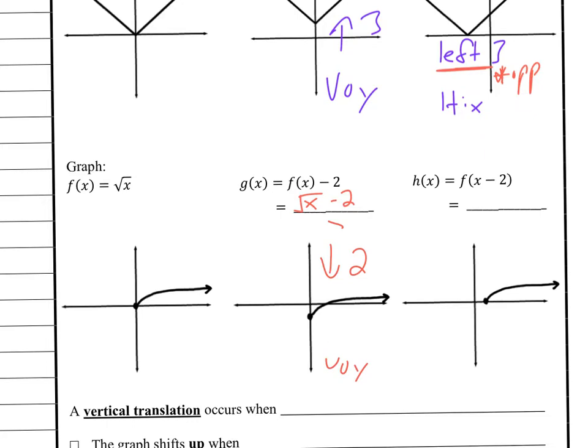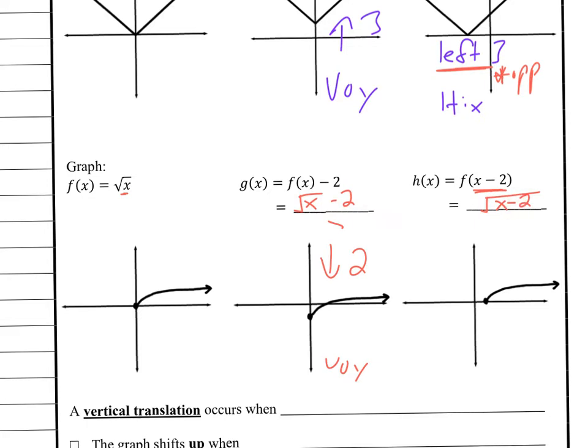And then the last one here, we have a minus 2 inside of parentheses. Okay, so it's attached to the x, so we're going to replace this x with x minus 2. So it's the square root of x minus 2 is the new equation that you would get, and you can type this in your calculator if you really want to. And you'll see the graph that we have here. But this graph, again, if you take a look at it, did not do exactly what we thought it would do.